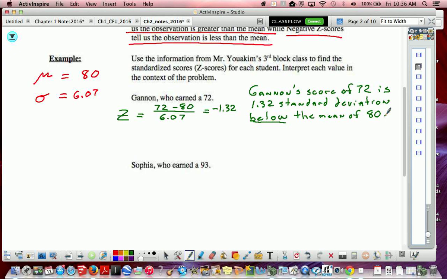The mean is our average, so we know that he's scoring 1.32 standard deviations below that.